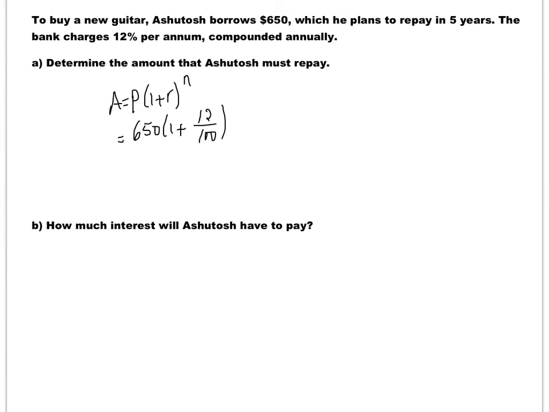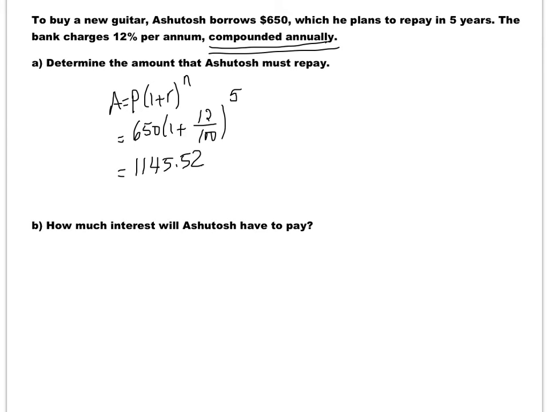And the compounding is annually, so N has to be represented as the number of compounding periods. And since we have 5 years, this is 5. So if you simplify this one, you're going to get $1,145.52.